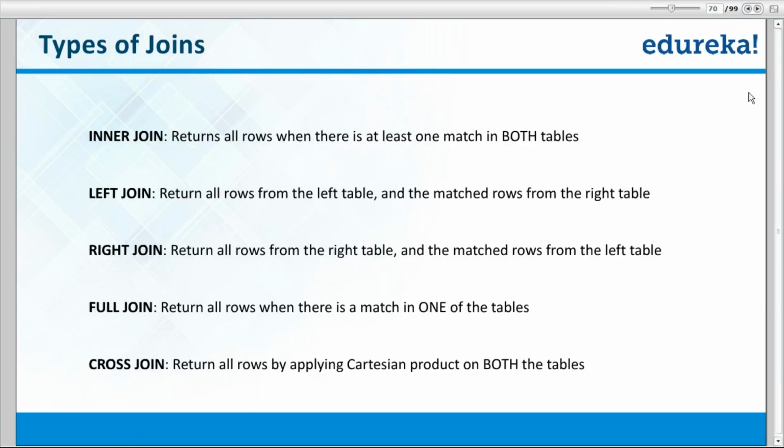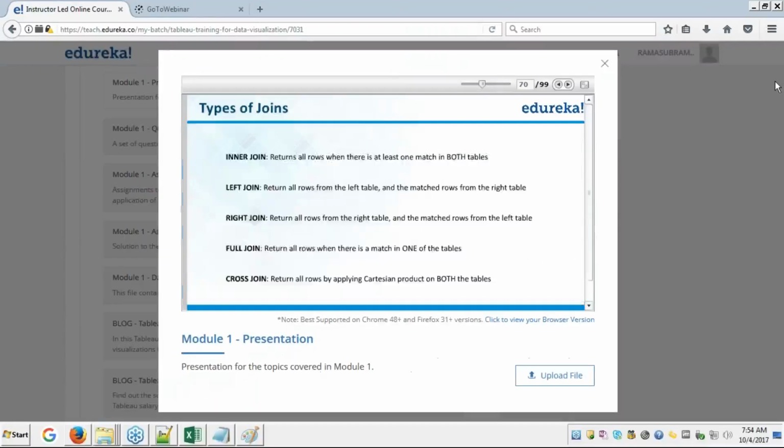Let me take an example for you all from my screen so that I can show you a live example directly. So cross join is going to give you a Cartesian multiplication of both the results.